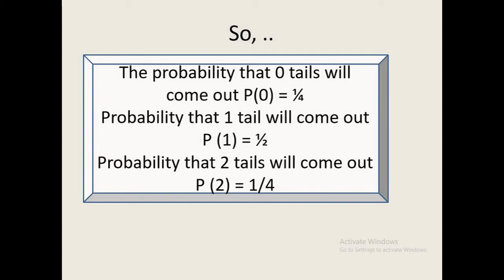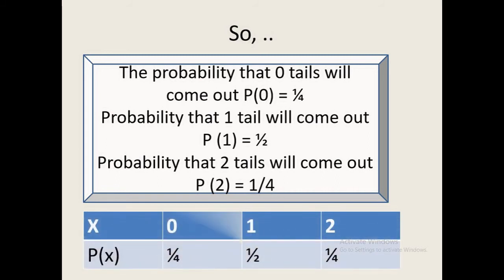The probability that 2 tails will come out is 1/4. So below is the probability distribution. And here is the histogram for the probability distribution of the discrete random variable x.